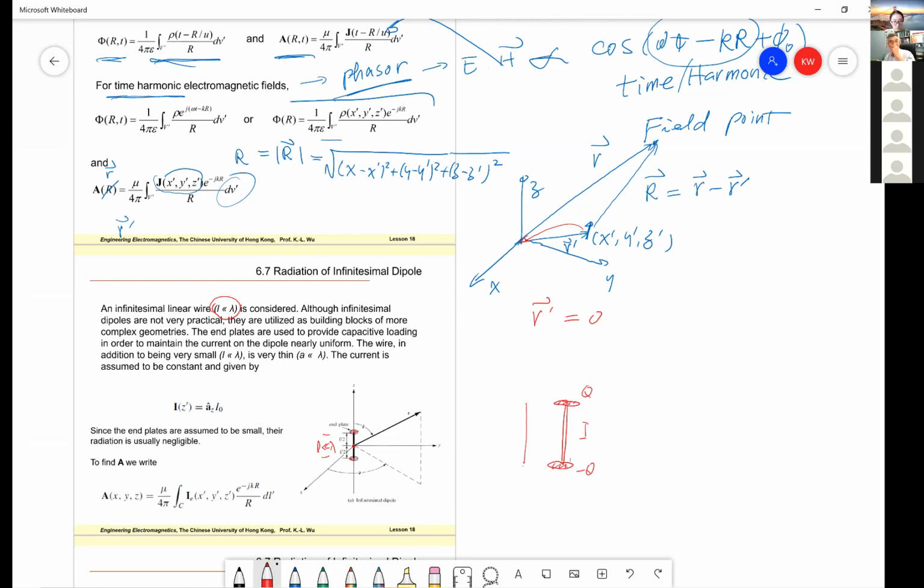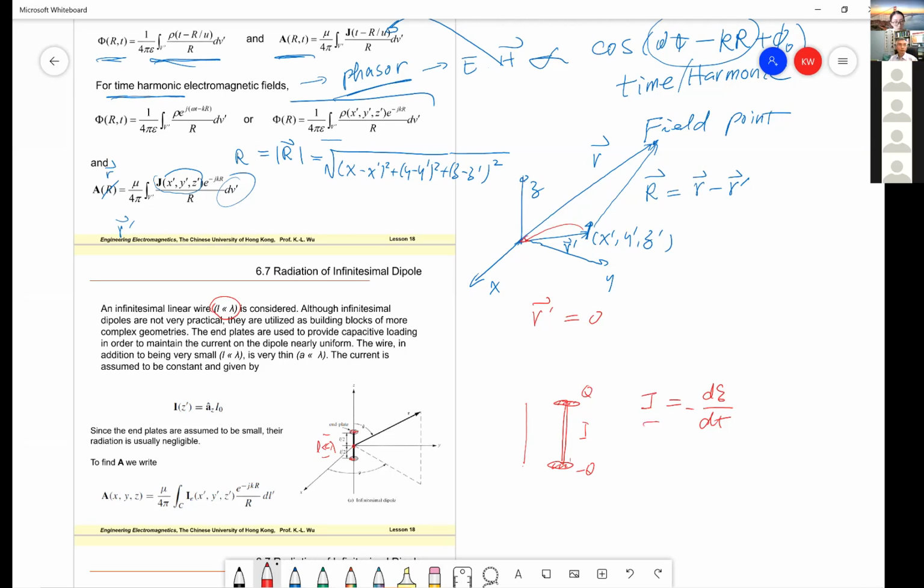With charge there, because of the current continuity, the current is equal to dq/dt, right? If you have a charge changing with time, then the current is not equal to 0.